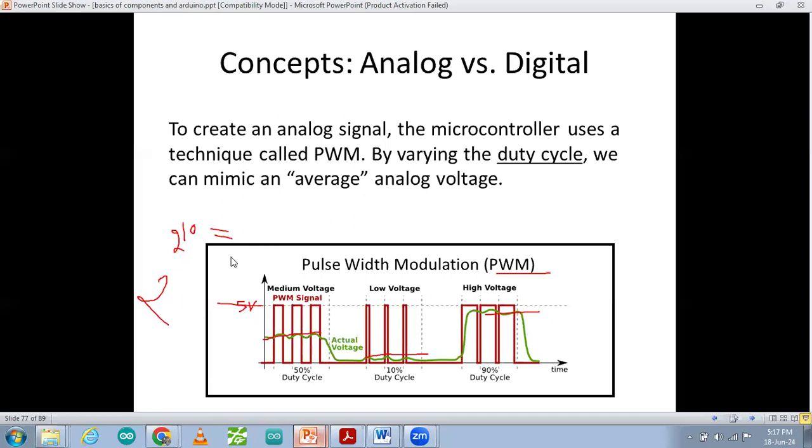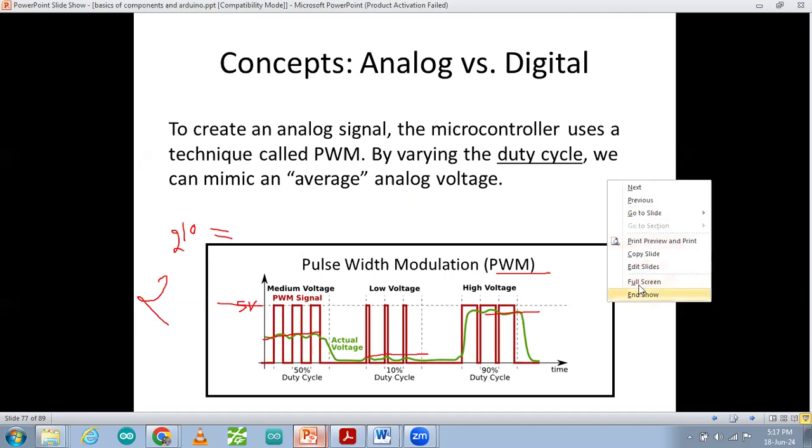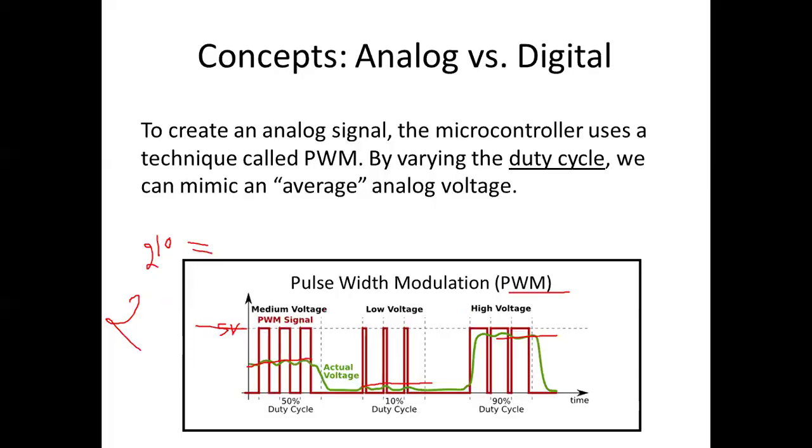So that is 0 to 255. 2 raised to power 10 is 1024, that is the input, 0 to 1023.